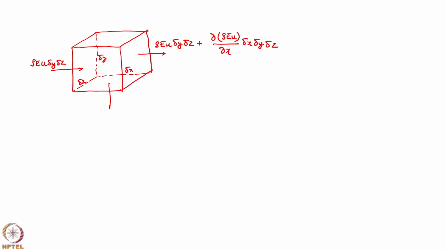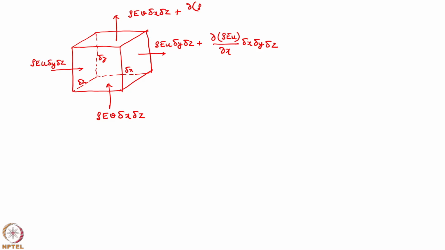And what about this? This is rho E v delta x delta z, then rho E v delta x delta z plus dou of rho E v by dou y delta x delta y delta z.